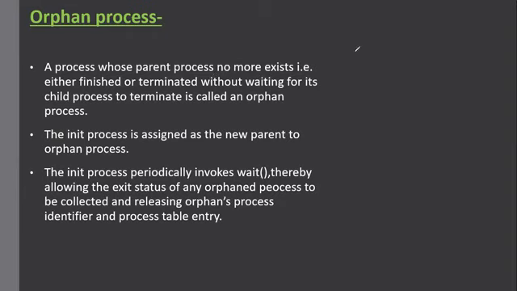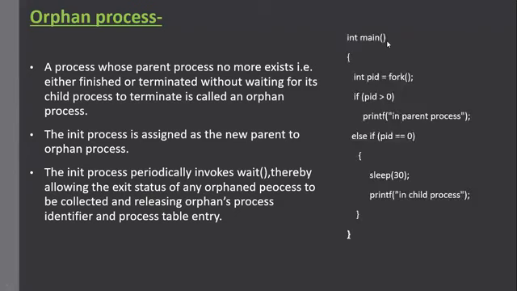The init process keeps on checking using the wait system call whether the child process has terminated or not, and once that child process terminates, it allows the exit status of any orphan process to be collected, and hence it will release the orphan process identifier from the process table. Okay, so since this orphan process has been assigned a new parent, which is init, now it is the responsibility of init to wait for the child and then remove its entry from the process table.